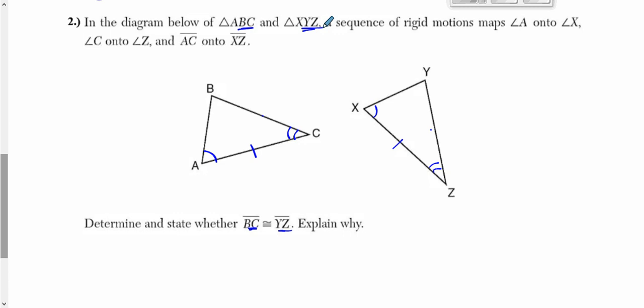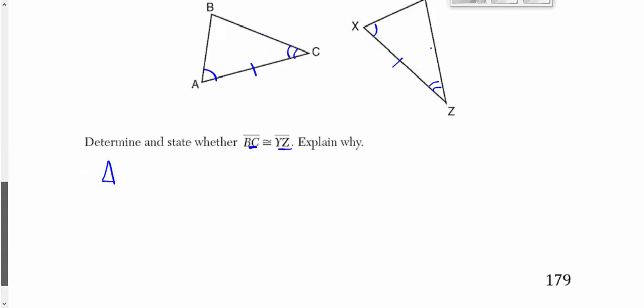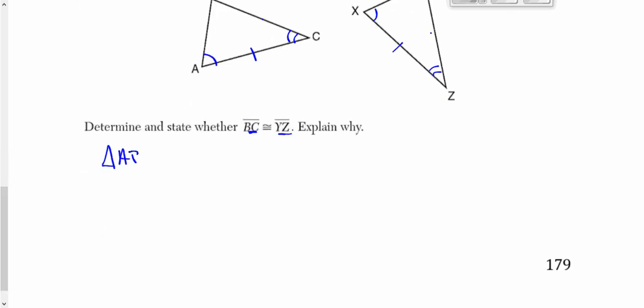Yes, because triangle ABC is congruent to triangle XYZ by angle, side, angle.